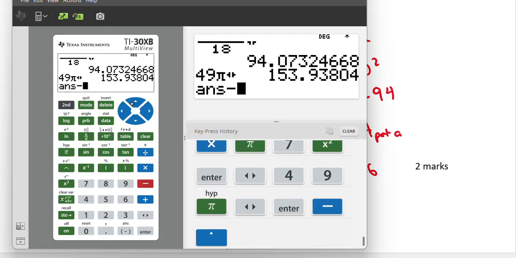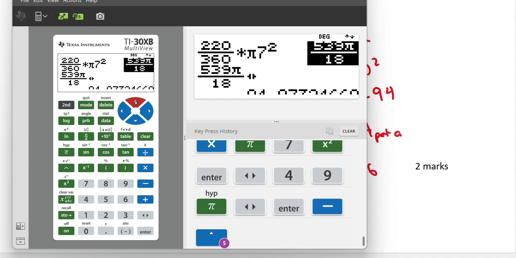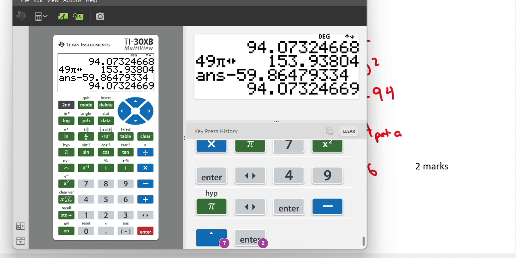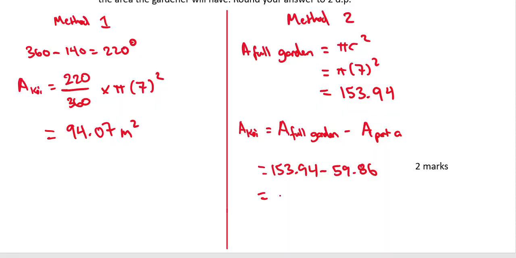And if you do that, it gives me 94.87, okay? So they end up being the same answer, okay? Now, obviously, method one's just 10 times easier, so I would recommend that one instead, okay?